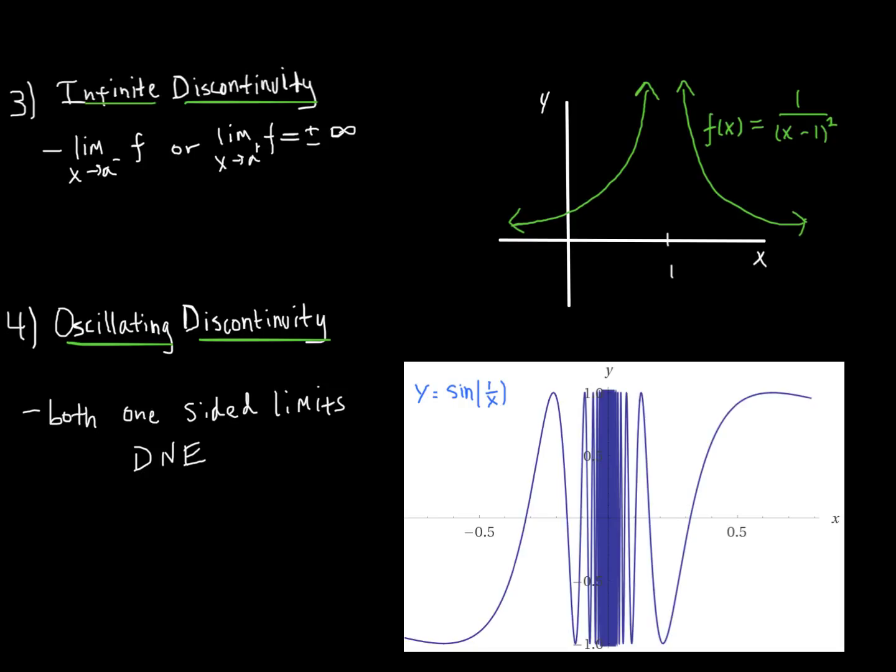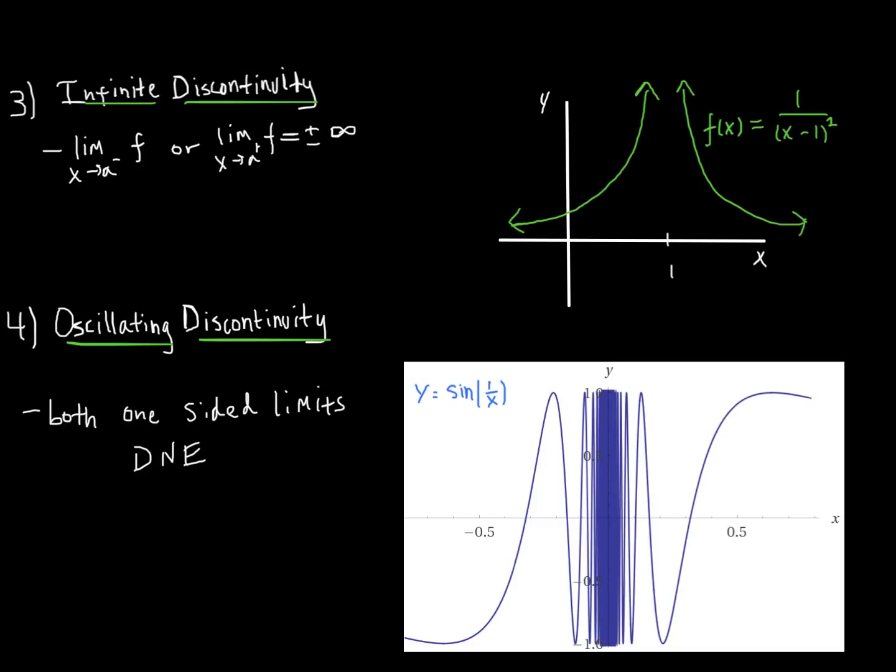The last type of discontinuity we have is what's called an oscillating discontinuity, and again, the word oscillating gives us an idea of what this will look like. The traditional example for this is the function sine of 1 over x, looking at the continuity at x equals 0. If you want, you can try plugging in values really close to 0.